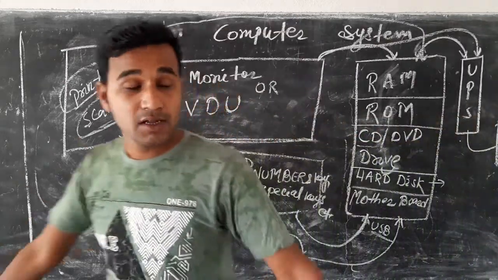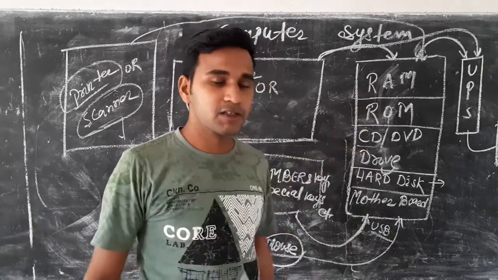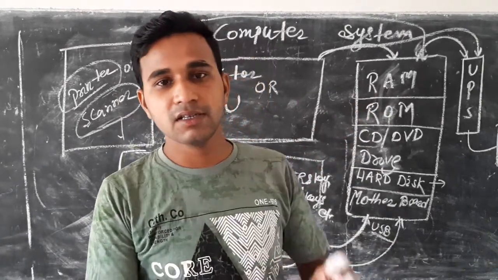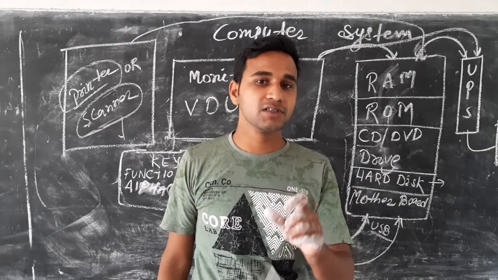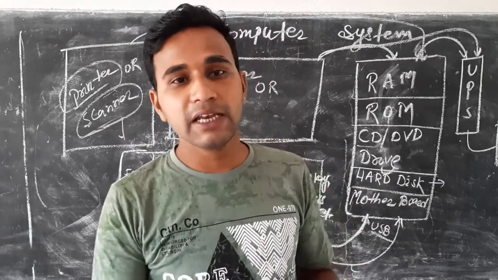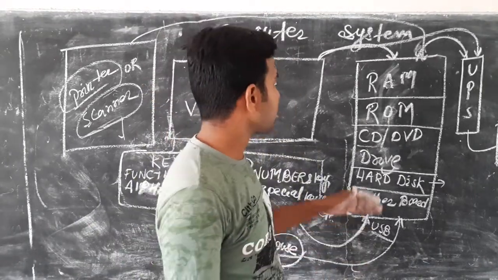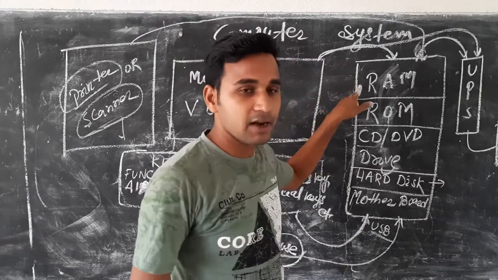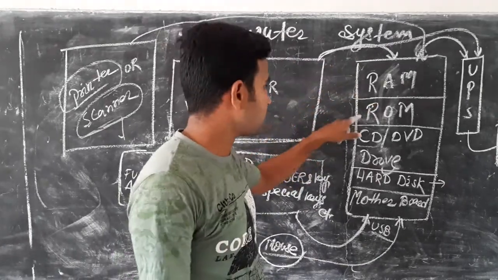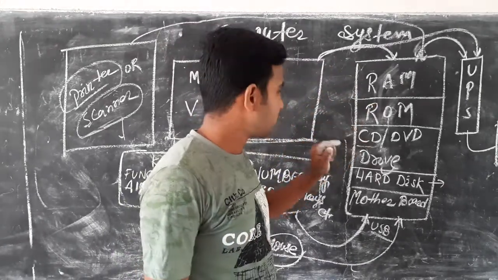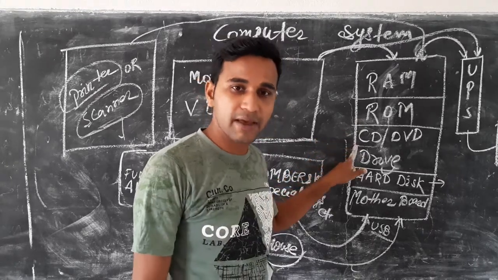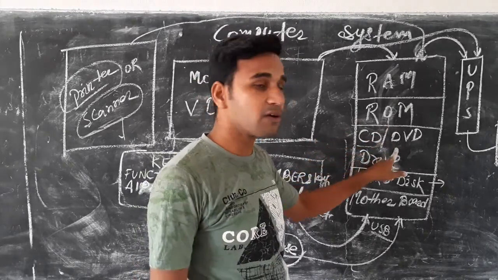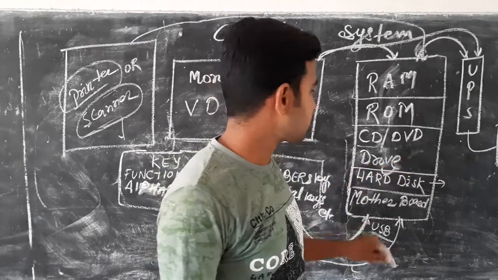Second thing is the CPU. CPU is the processing device. CPU stands for Central Processing Unit. It has many parts: RAM, Random Access Memory, and ROM, Read Only Memory. CD stands for Compact Disk. DVD stands for Digital Versatile Disk.